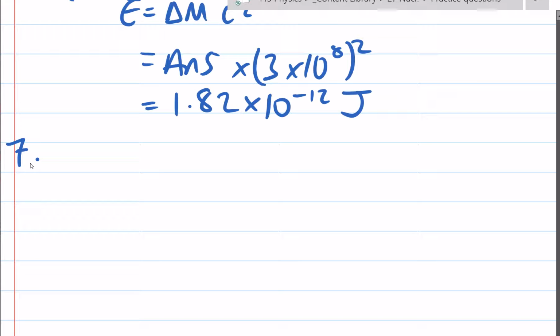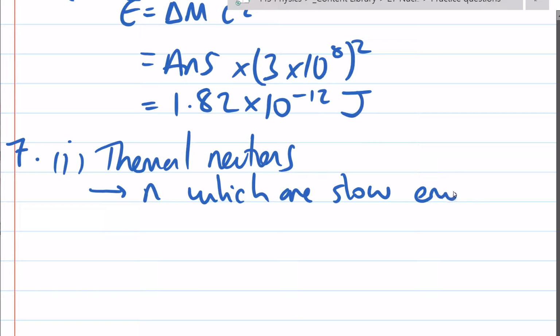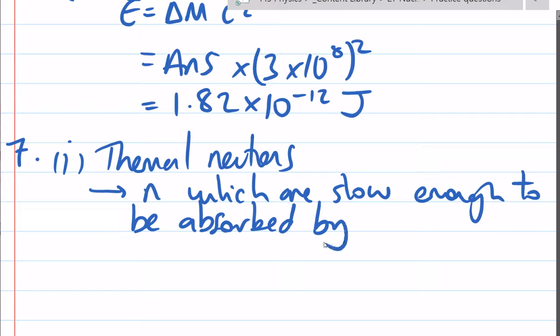Question 7, talking about what is meant by different parts of a nuclear power reactor. So first, we're talking about thermal neutrons. These are neutrons which are slow enough to be absorbed by nuclear fuel.